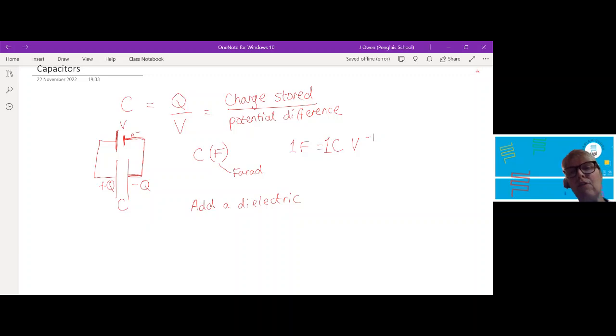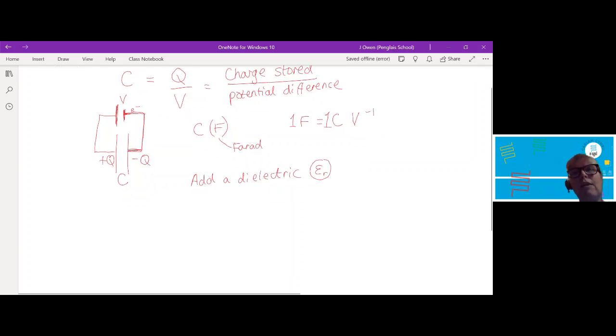And with a dielectric, we have a relative permittivity, and that can increase the permittivity of free space. So let's go back a little bit. Capacitance is given by permittivity of free space times the cross-sectional area of the plates that you put the charge on, divided by the distance between the plates.